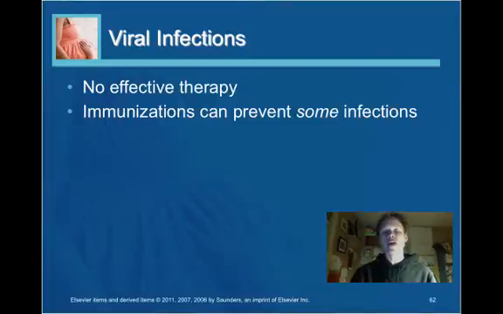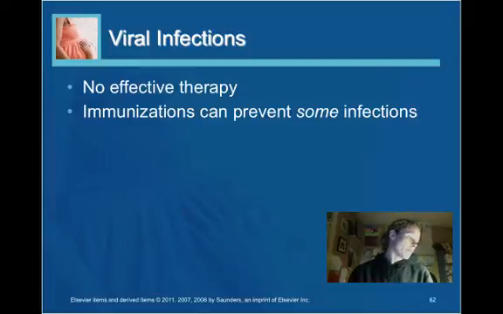So remember, we don't really have any effective therapy for viruses. A viral process in most folks that are healthy and have robust immune systems runs its course, usually 7 to 10 days, or 2 weeks. Immunizations can prevent some infections.